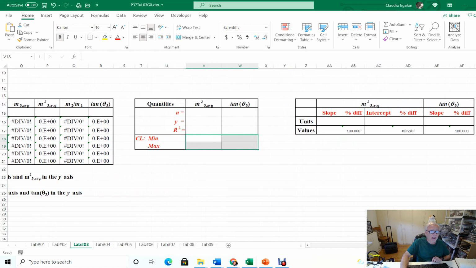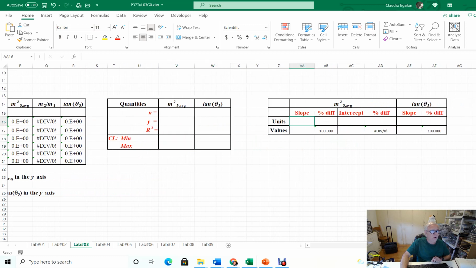For the first graph, you're going to log the slope right here, the slope value. Don't forget to put the units. See, the units go here, the numerical values go here. We do know the slope is supposed to be 1. So here I am taking the percentage difference from this theoretical value of 1.